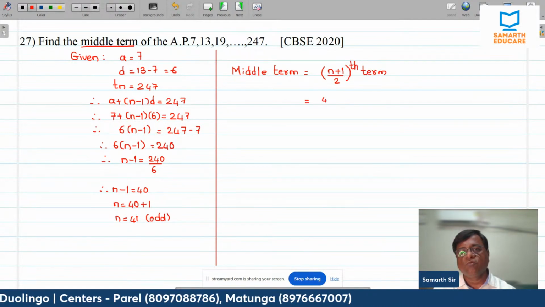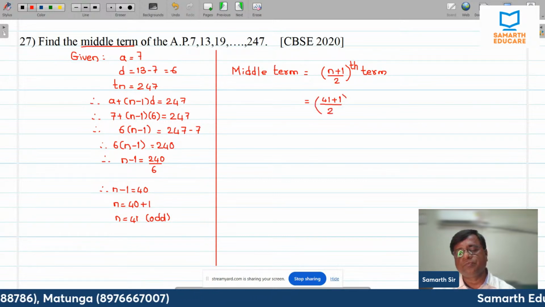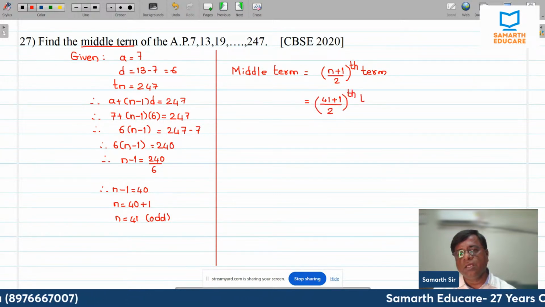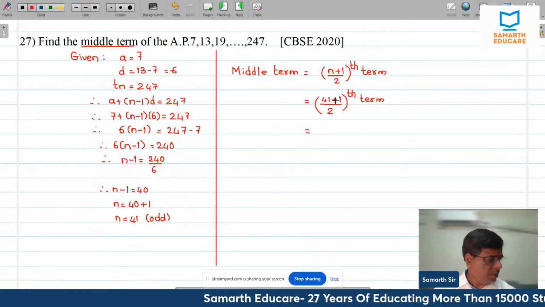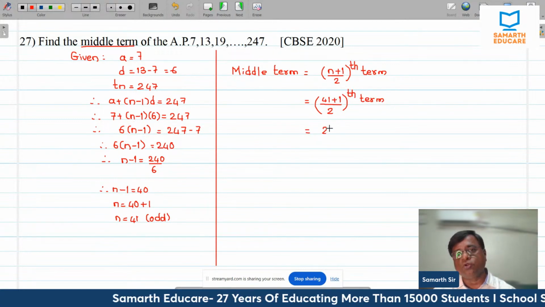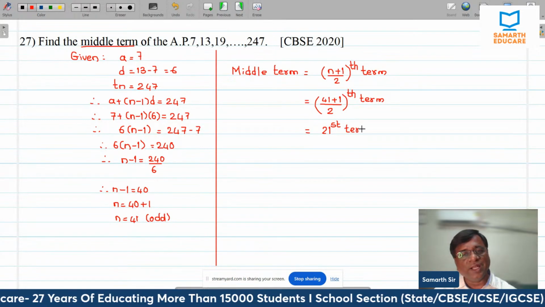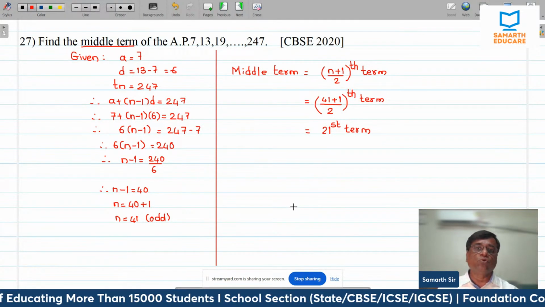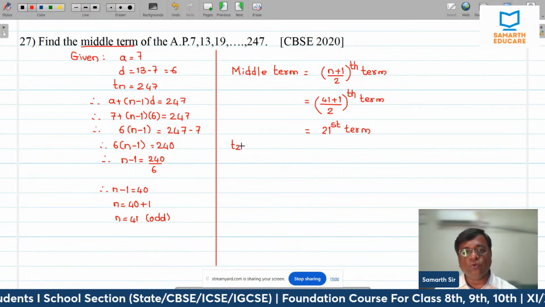So n is 41, plus 1, upon 2th term. Now understand, this middle term is 41 plus 1, that is 42 divided by 2. So it is the 21st term. Remember, it is not 21, it is the 21st term, the term at the 21st position. So I will have to find out T21.